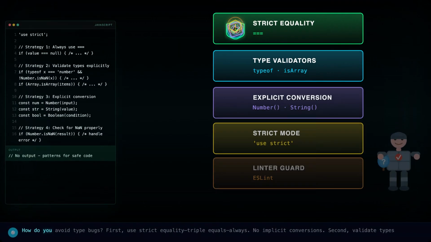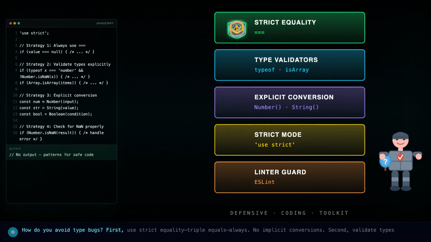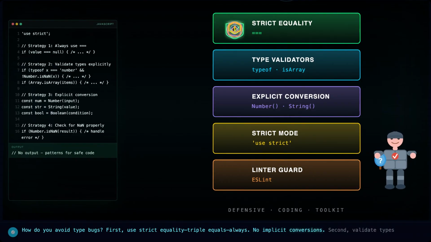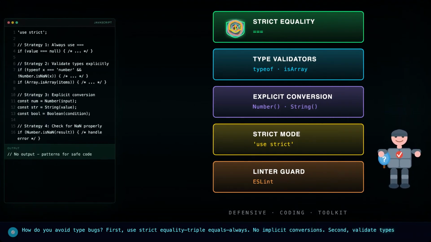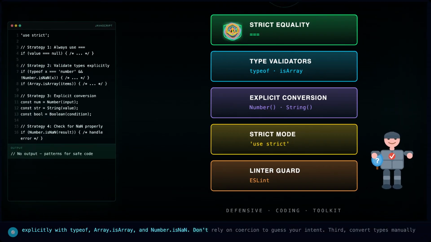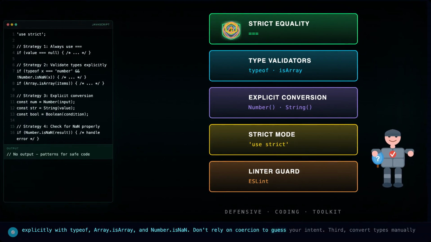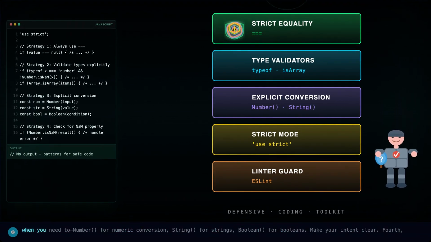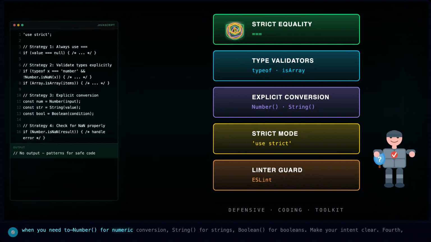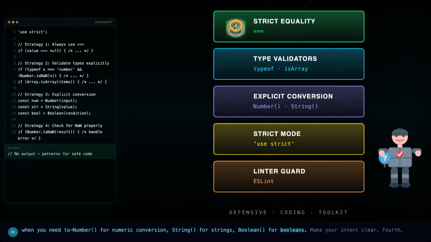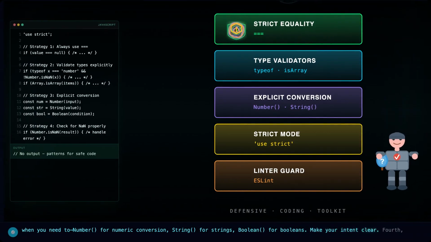How do you avoid type bugs? First, use strict equality, triple equals, always. No implicit conversions. Second, validate types explicitly with typeof, Array.isArray, and Number.isNaN. Don't rely on coercion to guess your intent. Third, convert types manually when you need to: Number for numeric conversion, String for strings, Boolean for booleans.